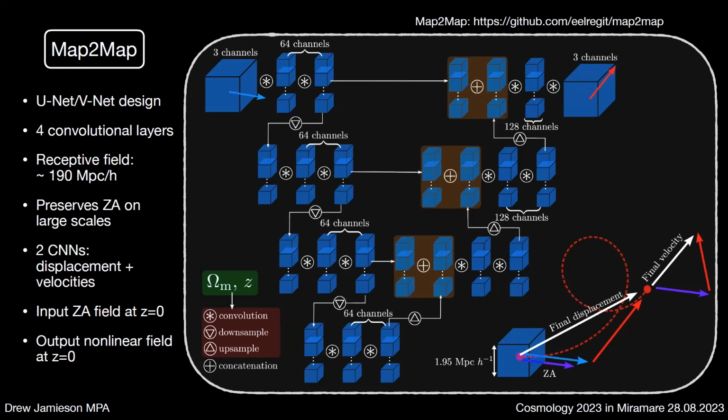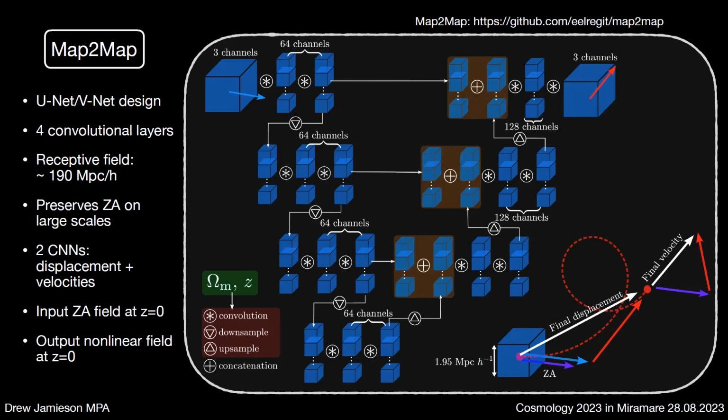And the network has this UNet VNet design. So the UNet refers to the shape of the neural network, and the VNet refers to the fact that it's a volumetric network. It deals with voxels instead of the traditional pixels of image analysis. And so it passes through this 3D vector field, this displacement field, and that undergoes a couple of convolution operations, and then downsampling, and then convolution operations and downsampling, and then eventually convolution operations and upsampling until you get back to the original size, and then you output a 3D vector field.